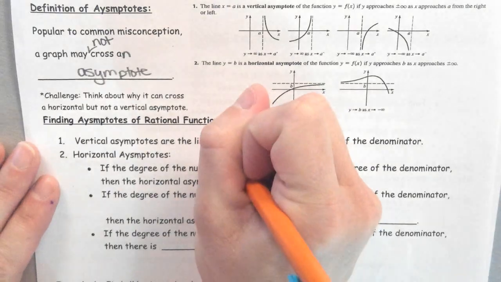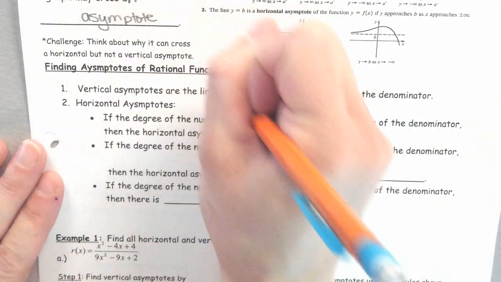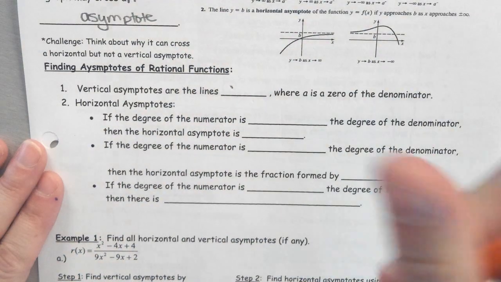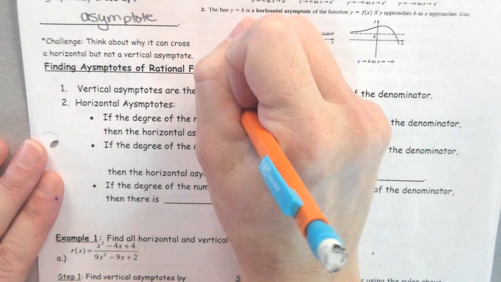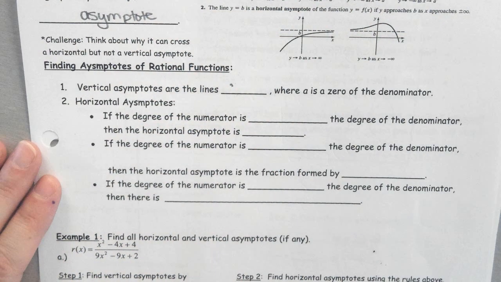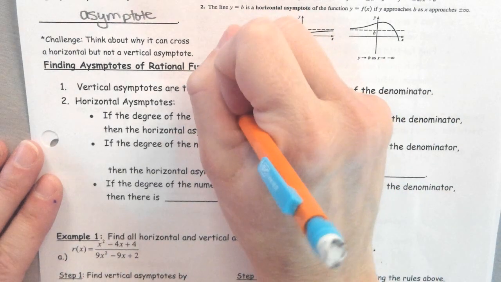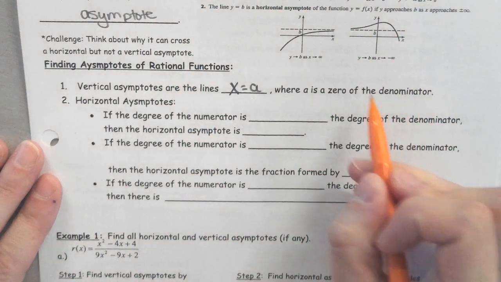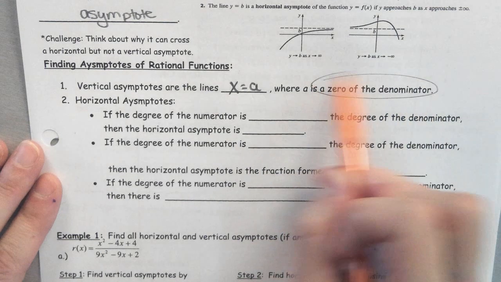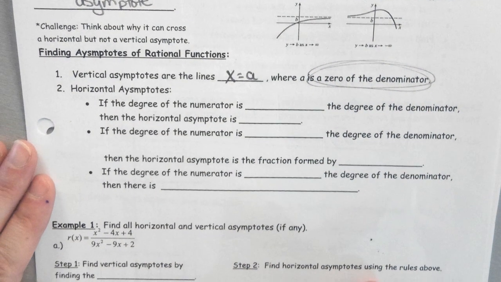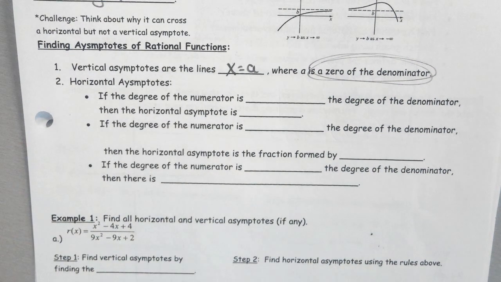Alright, vertical asymptotes. Vertical asymptotes are in the form x equals a, and they occur when the denominator is 0, which would make it undefined, which is why our graph can never touch or cross a vertical asymptote ever.